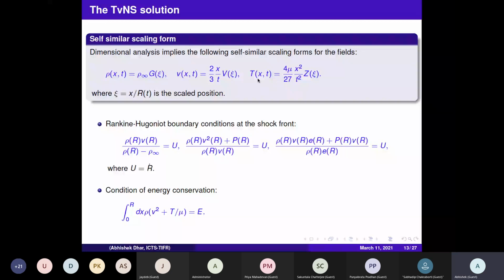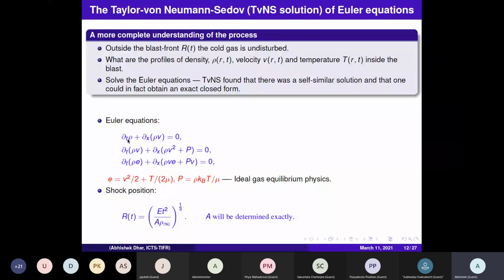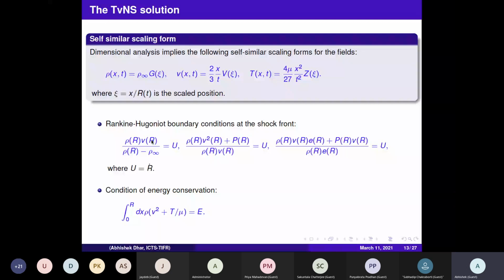If we assume that there's such a scaling form, we can plug it back into the 3 Euler equations which I just wrote. You can imagine that del t and del x can both be written in terms of del z. So instead of partial differential equations, we get 3 ordinary differential equations with derivatives with respect to z. If this scaling solution holds, then we have this simpler description of just 3 ordinary differential equations.